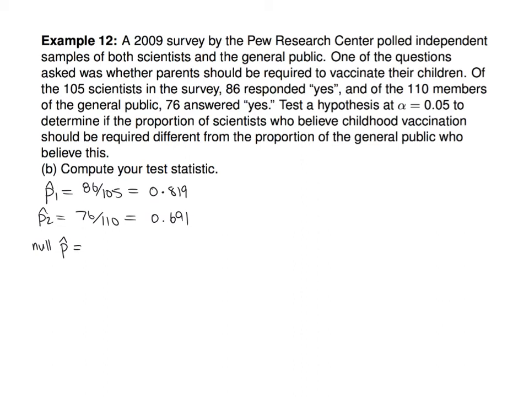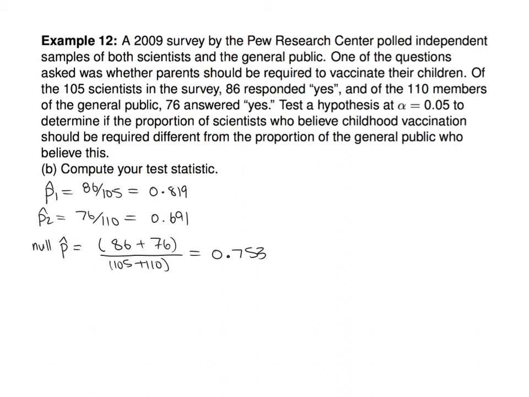And the way it does that is you figure out how many people said yes total, 86 plus 76, divided by the total number of people asked, which was 105 plus 110. And that comes out to be 0.753. So it's pretty much an average of those two, but taking into account that the sample sizes are different.